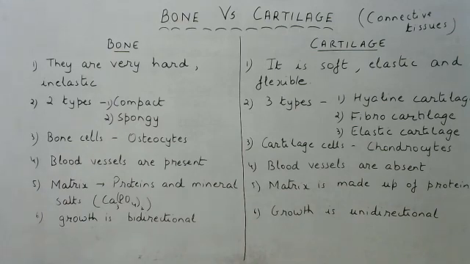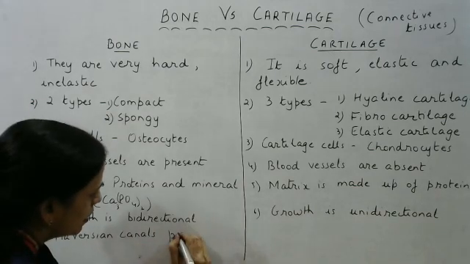Another point that we can mention over here, that is going to be the seventh point, is that the Haversian canal system is present. So bones, they have Haversian canals present in them. I'll just explain what are Haversian canals.